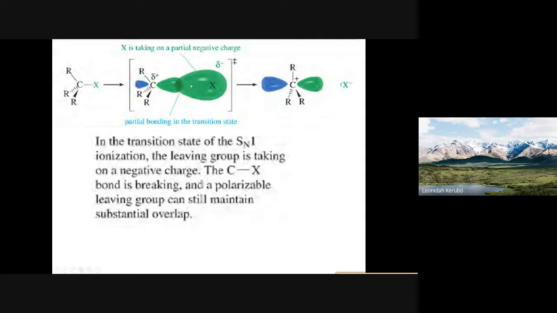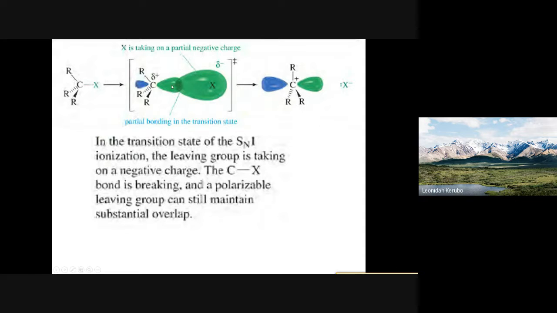So even while it is leaving, it still maintains overlap, which is good for the transition state. It doesn't become so reactive, because the positive charge is still being stabilized at a distance. So a good leaving group is always good for the SN1 reaction, just as for SN2 reactions.